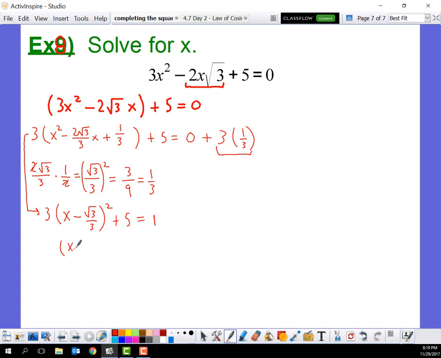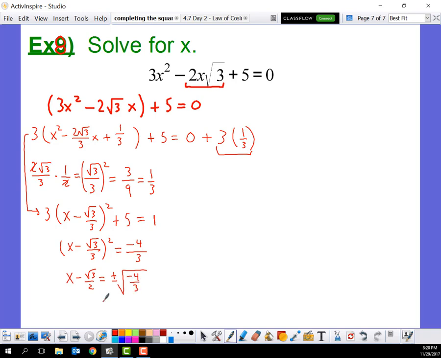Let's also divide by the 3. So let's do x minus root 3 over 3, quantity squared, equals -4 over 3 when I subtract the 5. Take the square root of both sides, we get x minus root 3 over 3 equals plus or minus the square root of -4 over 3.